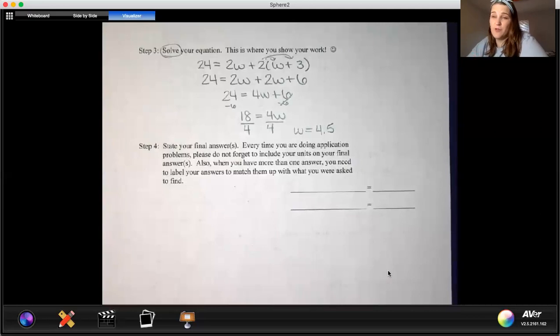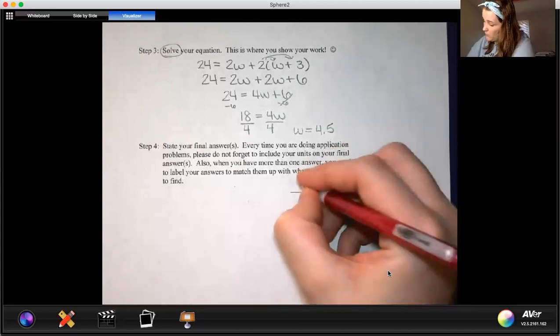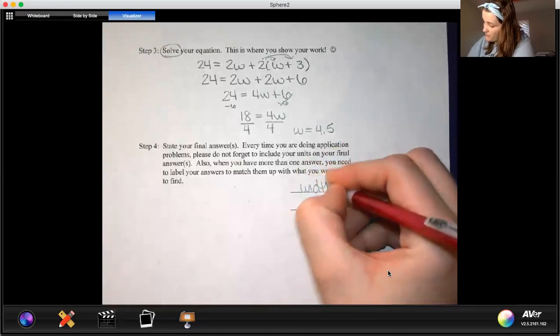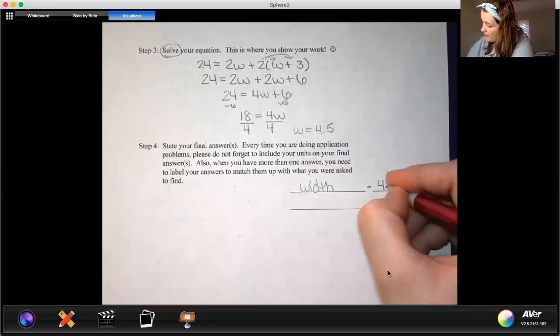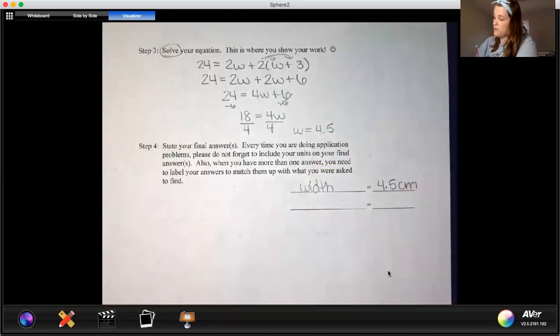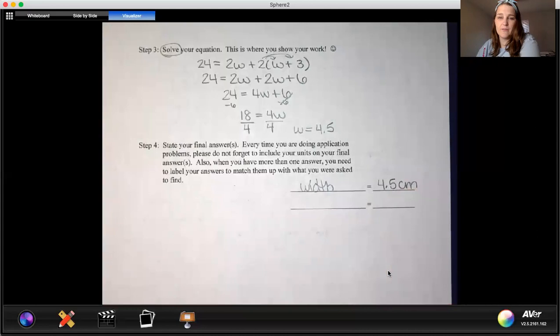So don't just put two numbers, you need to label them with what the variable means or what the answer means, as well as labeling it with a unit to represent it for an application problem. So we know that the width is 4.5 centimeters. Okay, well, how are we going to find the length?